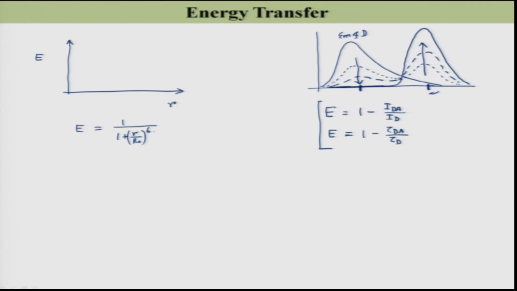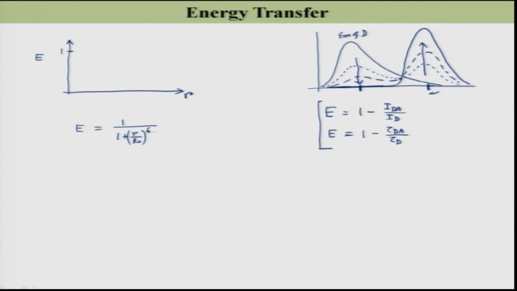So, let us take a value when small r equal to 0. Here is my R, when small r equal to 0. So, 1 plus 0 to the power 6, and that is inverse. So, this is equal to 1, so this value will be equal to 1.